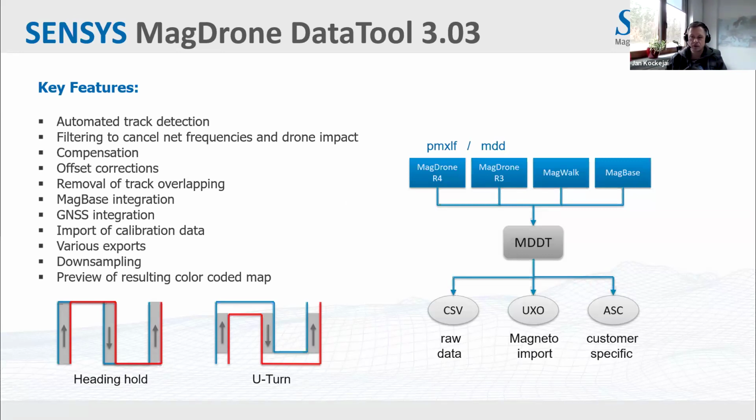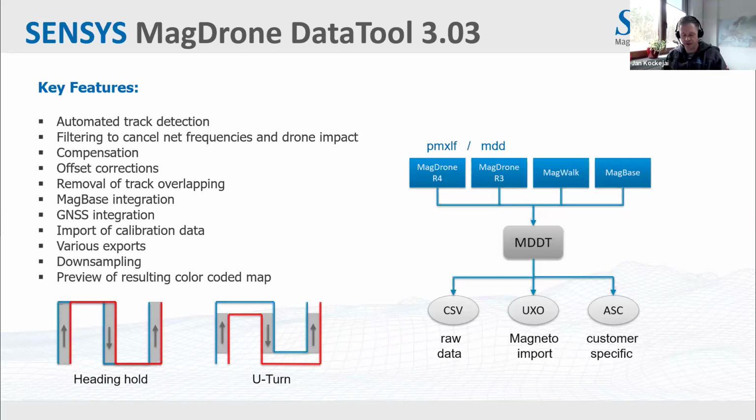So we have to compensate the data. You can do a lot of offset corrections, remove track overlapping, and you also, but that's more for the MacDrone R3, can integrate MacBase data. That is a magnetic base station, but that's not needed for UXO detection. Also, you can integrate external GNSS data, but in this case with the R4, it's also not needed.